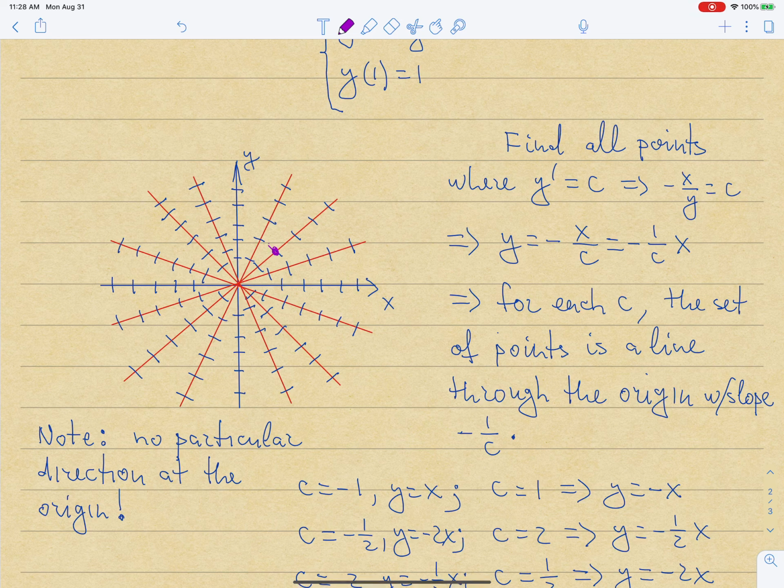I'll end up on the next line. I draw another piece perpendicular to the line that goes through the origin. I end up over here. Once I end up over here, I draw another short segment. I end up here, and I keep going like that.